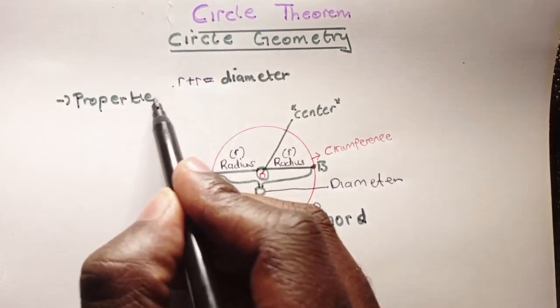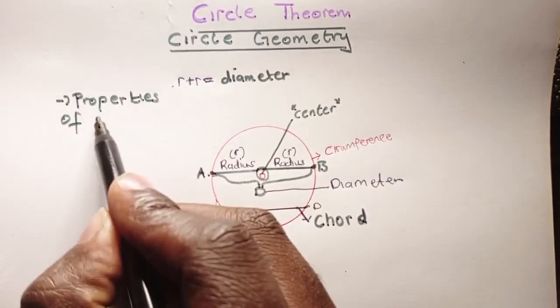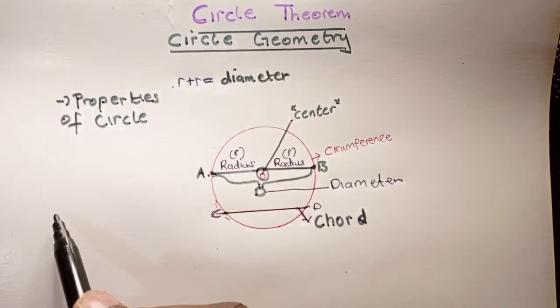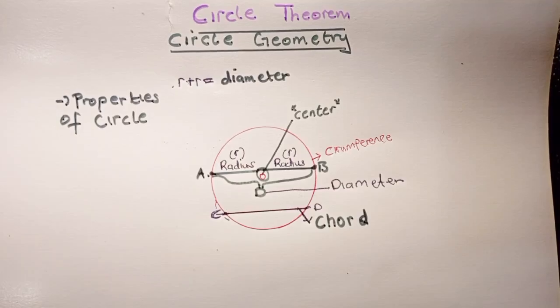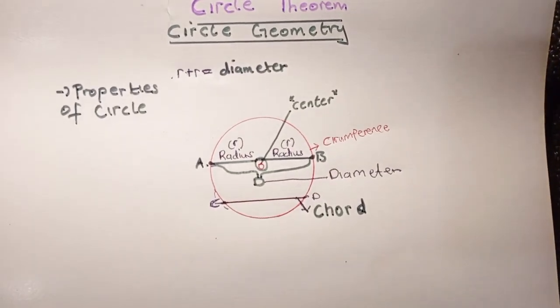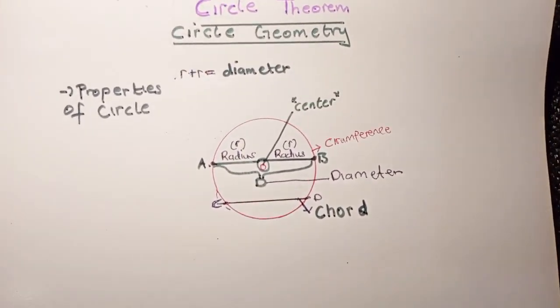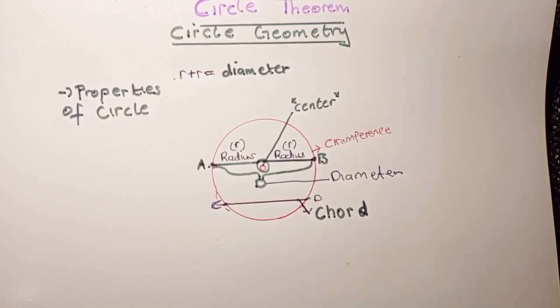The properties of a circle are not many, they should be about 7 or something. So now we are going into the properties of a circle.